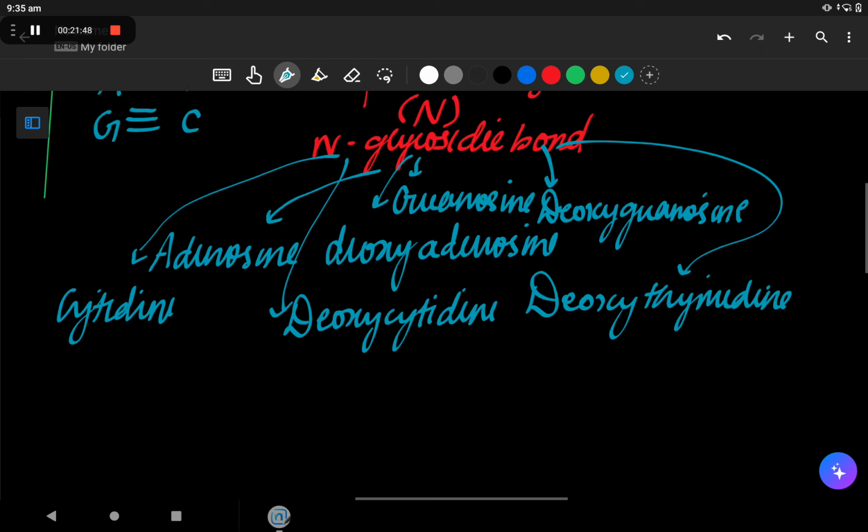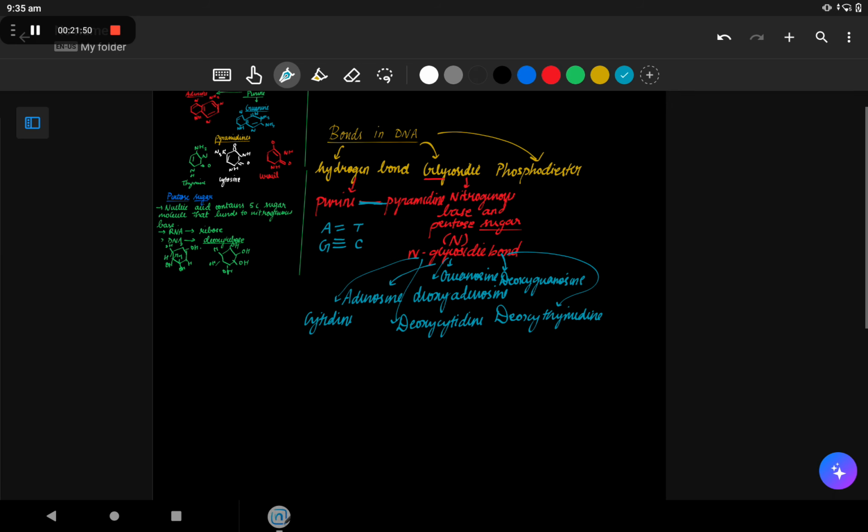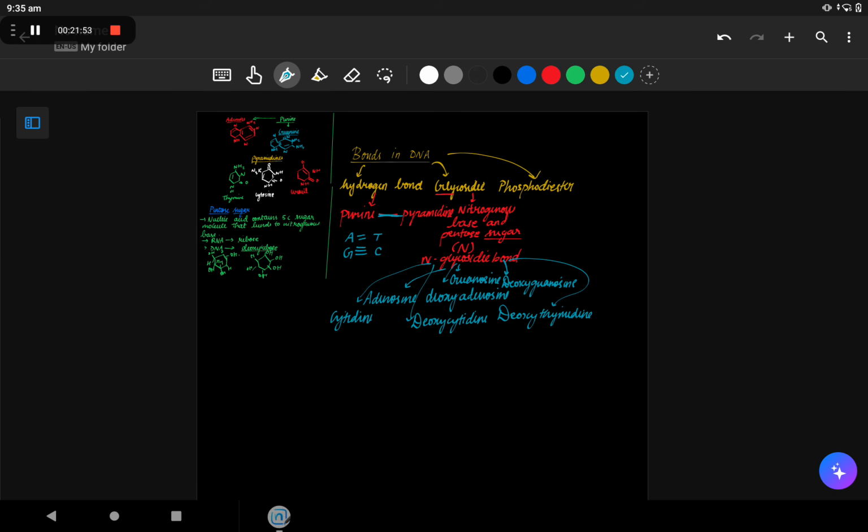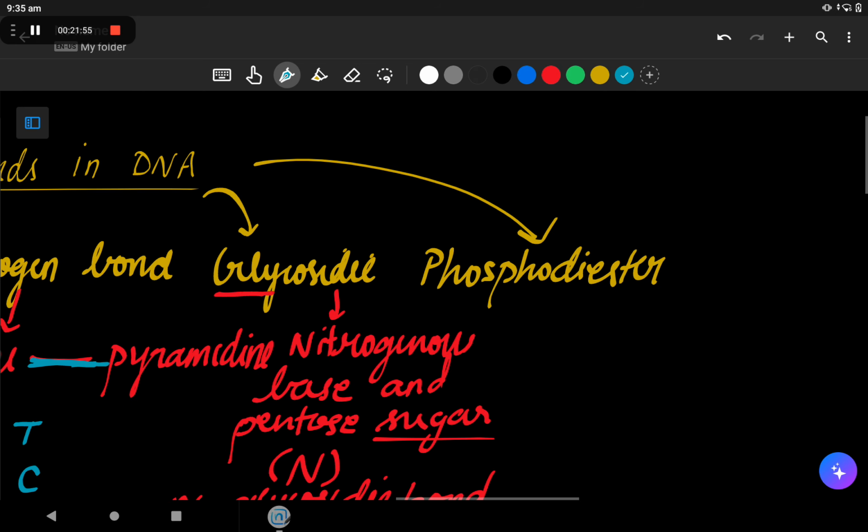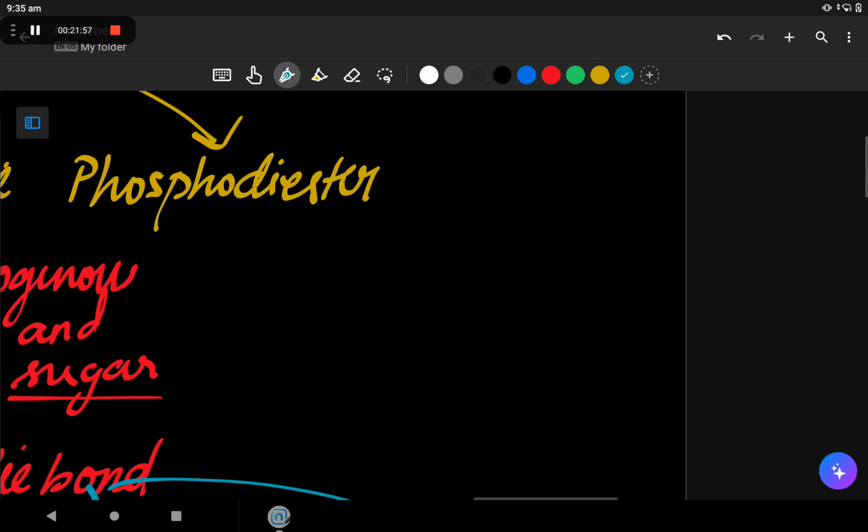These are different types of N-glycosidic bonds. Now we saw different types of N-glycosidic bonds. Coming to the last, which is phosphodiester bond.